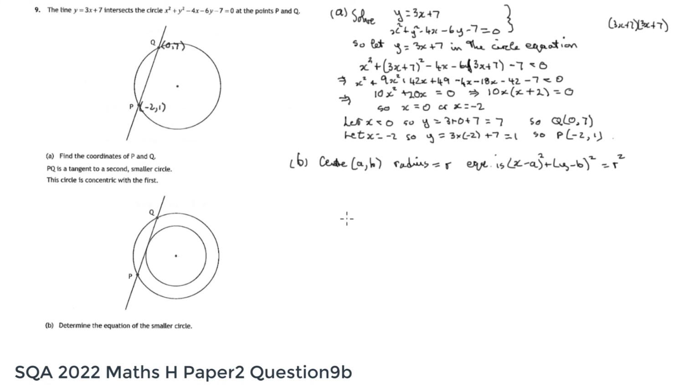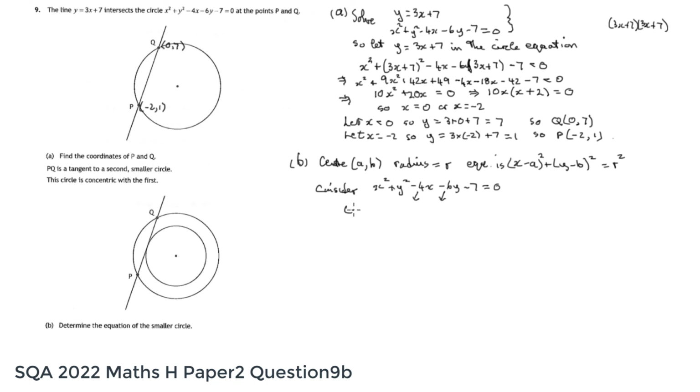So let's work out that. If we consider the larger circle equation, that's x squared plus y squared minus 4x minus 6y minus 7 equals 0, then we know if there's a 1x squared and a 1y squared, we can read off the centre by looking at the x term coefficient and the y term coefficient, half them and change sign.